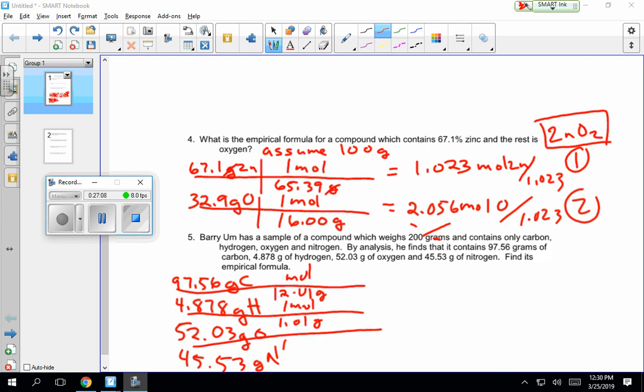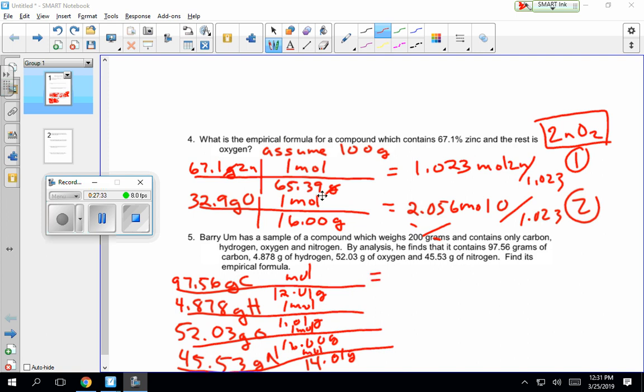That was 1.008, you can use that too if you want. I said two decimals, but you can go to 3. That means you're more precise than the average chem student. Nitrogen is 14.01.